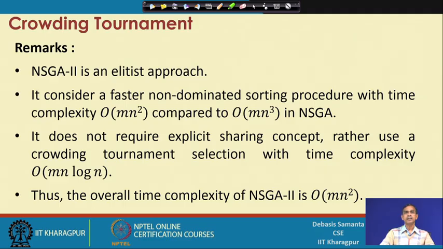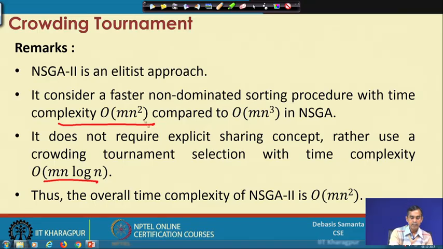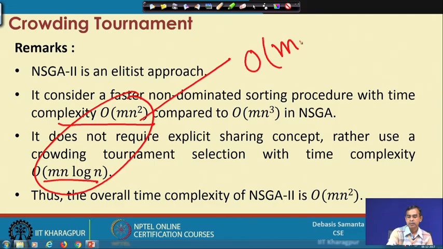Rather, it uses crowding tournament selection with time complexity order of mn log n, and the non-dominated sorting procedure is order of mn square. Putting these two operations together, the complexity is order of mn square only, because this is the higher bound, so it is the one taken.